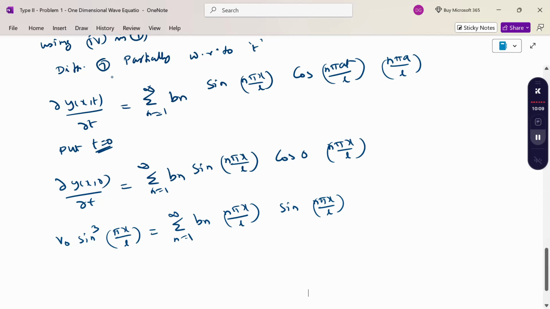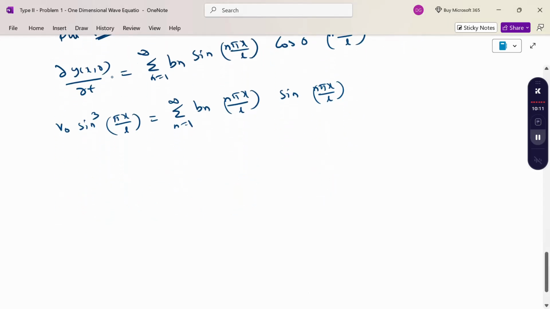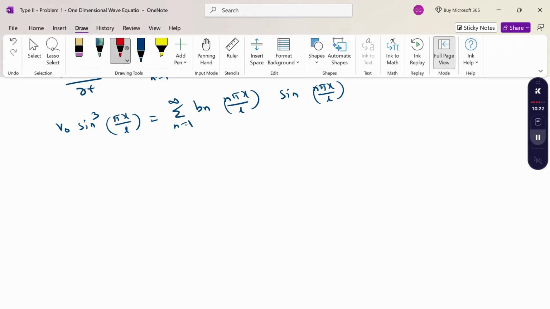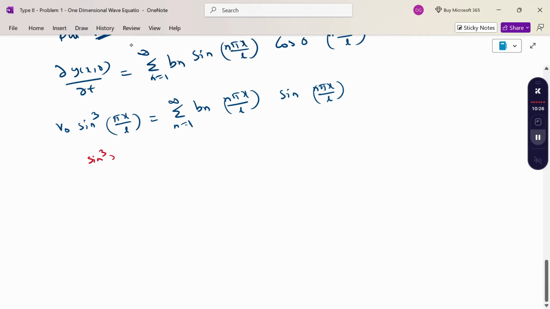Generally we apply the half range sine series after this, but since the problem is a trigonometric form, there is a possibility of a simpler way. We know the formula without finding the half range series: sin cube x equals (3 sin x minus sin 3x) by 4.